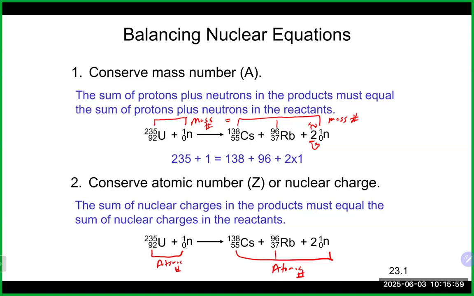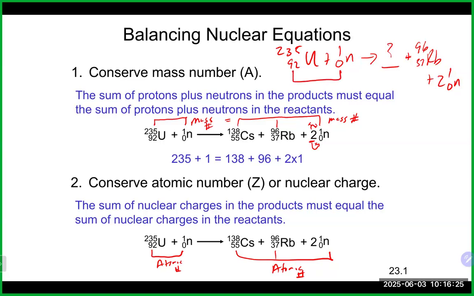For example, let's say we took this one here, and something was missing. We'll do 96, 37. What you would probably want to start with is the atomic number, because if you can figure out the missing atomic number, all you have to do is find a periodic table and find what element is missing.